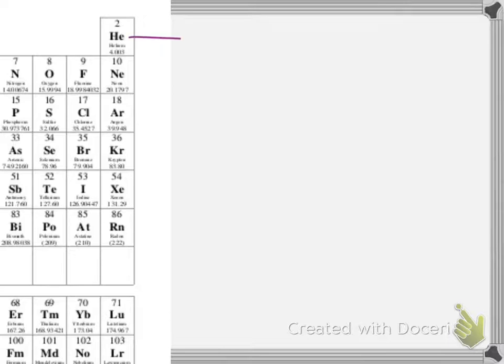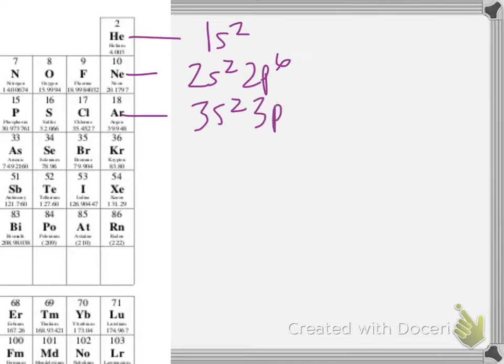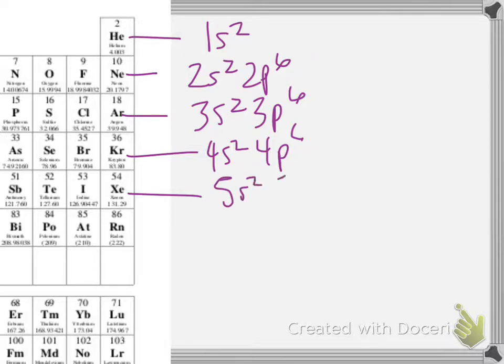Helium ends with 1s2. This one ends with 2s2, 2p6. This ends with 3s2, 3p6. Anybody care to guess what krypton ends with? 4s2, 4p6. Xenon? 5s2, 5p6.